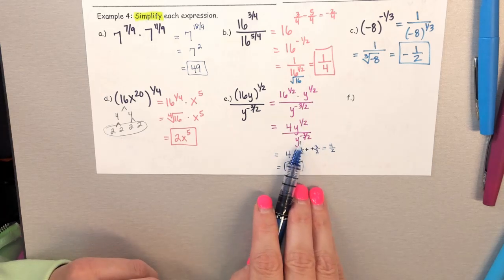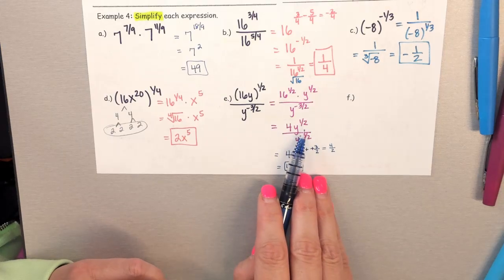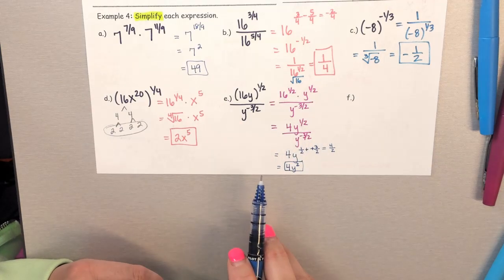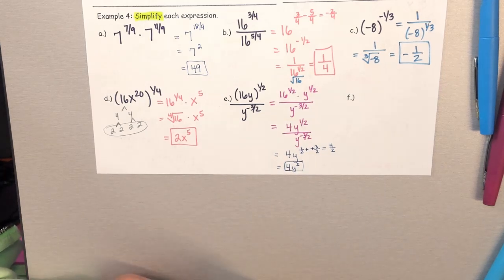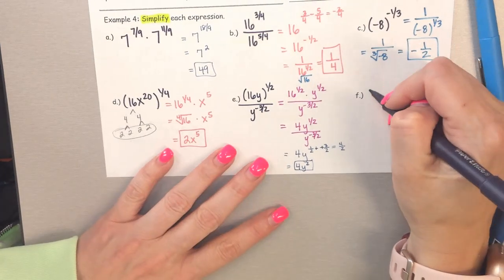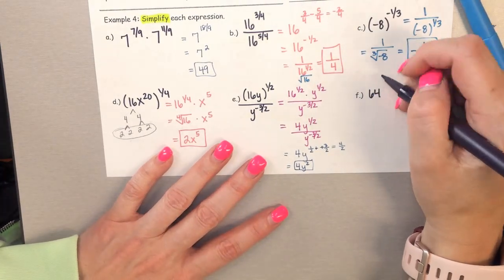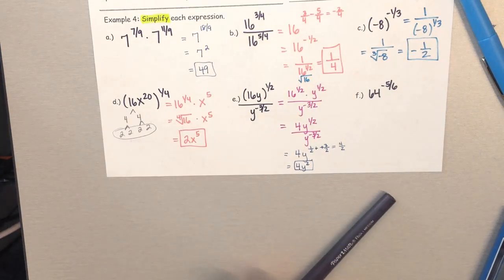Then instead, if it's on the bottom, you could just bring it to the top and add them together, and it would be the same thing. So you could think of it that way. All right, so you guys do this one. 64 to the -5/6.